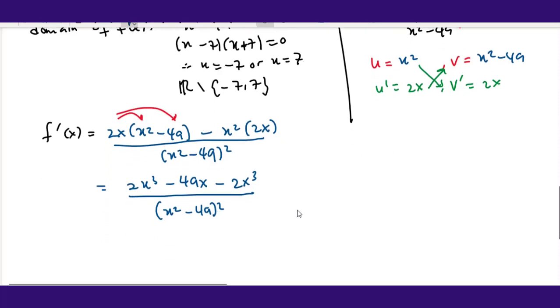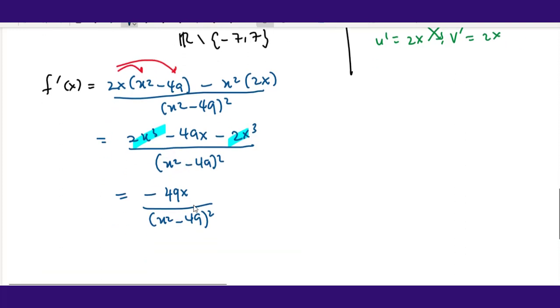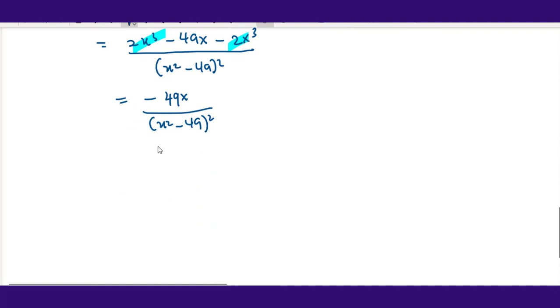The 2x cubed terms cancel, and the answer is negative 98x over x squared minus 49 squared. Now, for f prime of x equal to 0, this gives a critical point and also a stationary point.